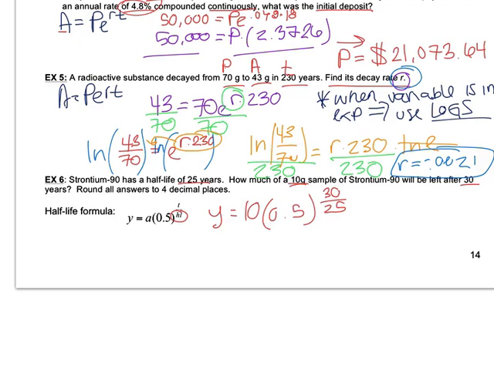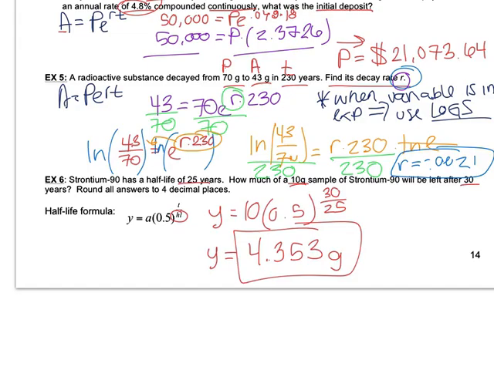So we can figure that out even though we're not using PERT, although we could. We can calculate that from here. So you plug and chug with your calculator, and we get the amount that would remain is about 4.353, and we're talking about grams of a sample. All right, so that is it for our section on exponential functions.